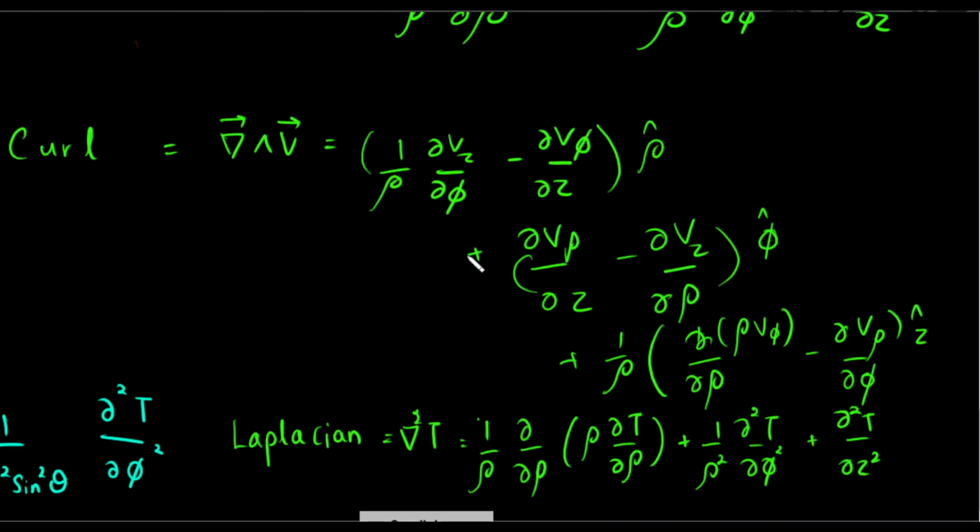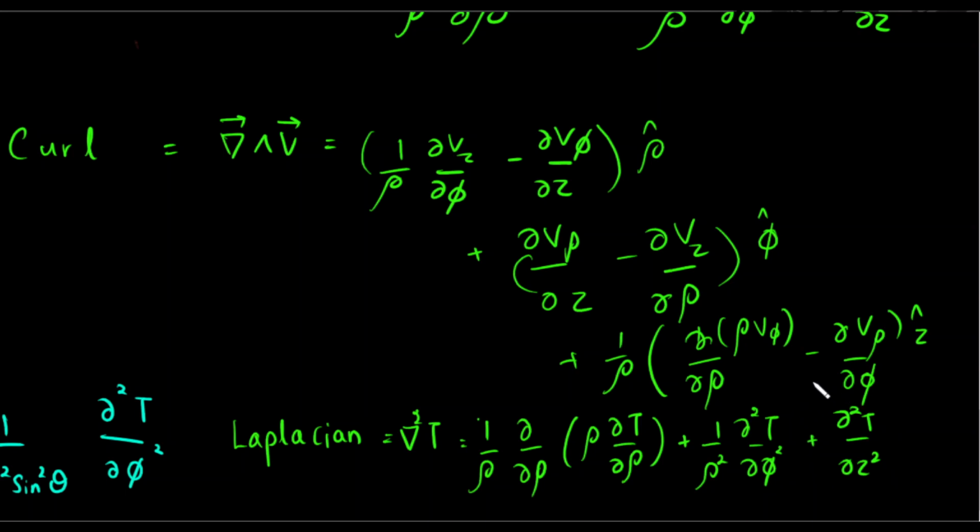So now we have the Laplacian with the help of the cylindrical polar coordinates, and now we have del squared T. T is a scalar function, so we have 1 over rho, the partial differentiation of rho times partial T with respect to rho, plus 1 over rho squared partial squared T over partial chi squared, plus partial squared T over partial z squared.